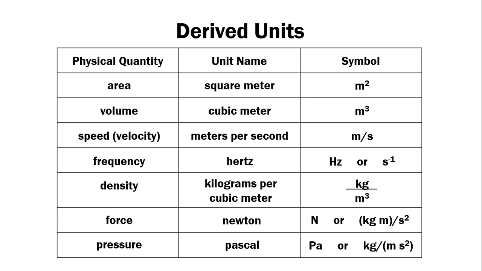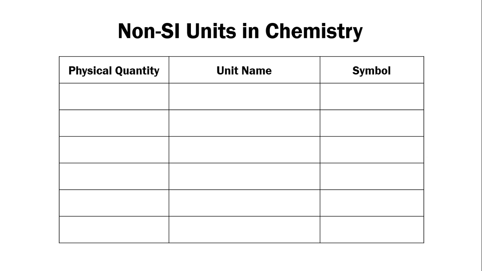Now there are many other units besides these, and there are typically some non-SI units that are frequently encountered in chemistry. So for example, volume would typically be in liters or possibly milliliters or microliters. Temperature is typically in degrees Celsius, and there is a conversion factor to go from Celsius to Kelvin.